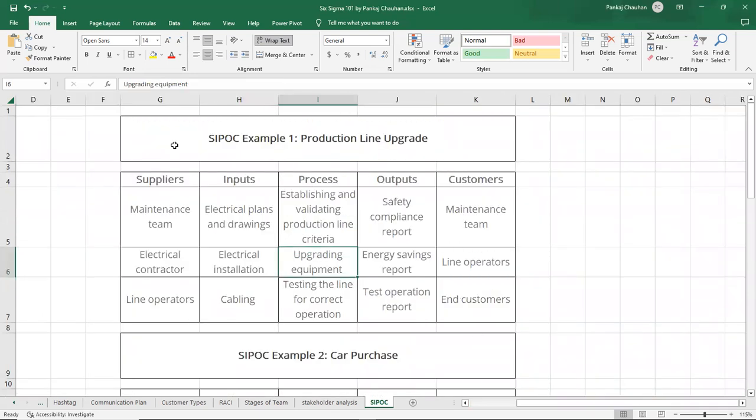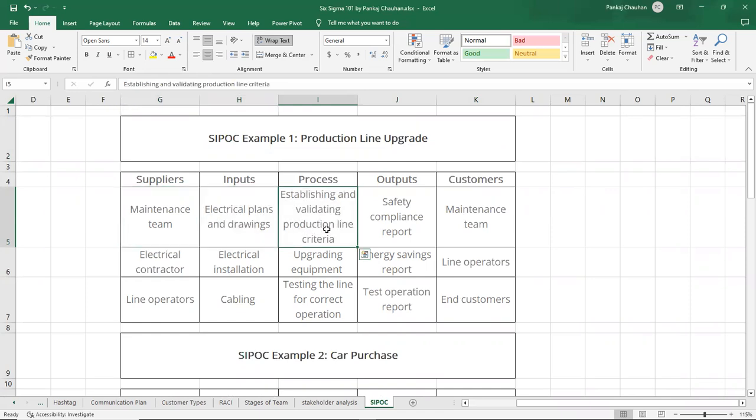First, which I was telling you about, is the production line upgrade. In the production line upgrade, the process is first you establish and validate the production line criteria. For this, the input is the electrical plan and drawings, which will be supplied by the maintenance team.